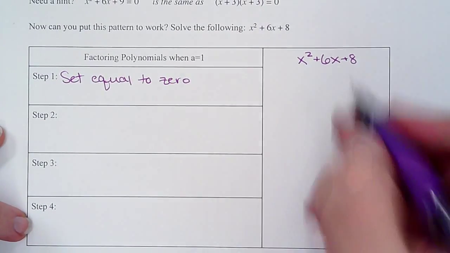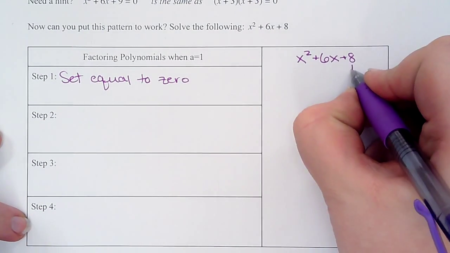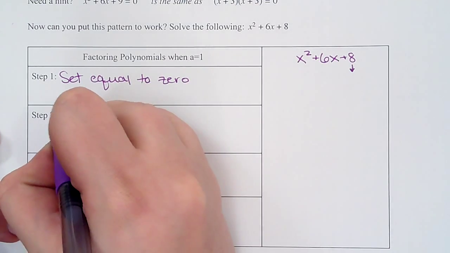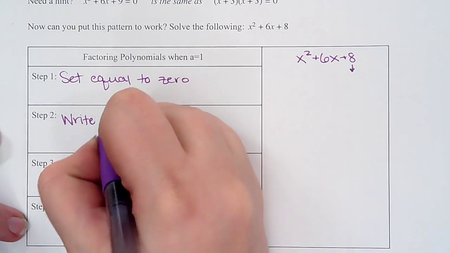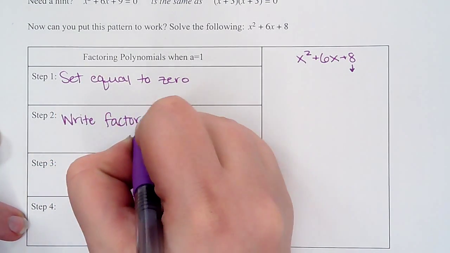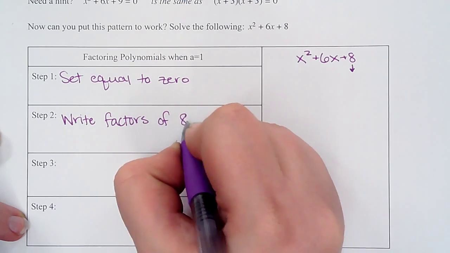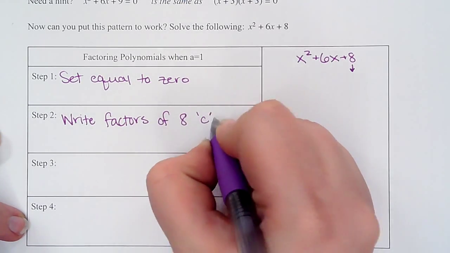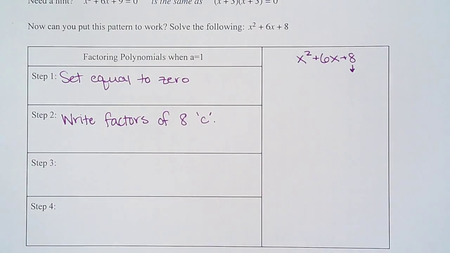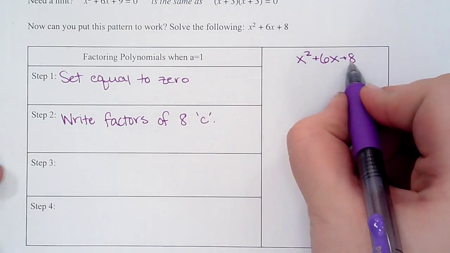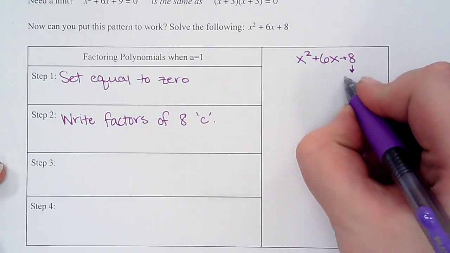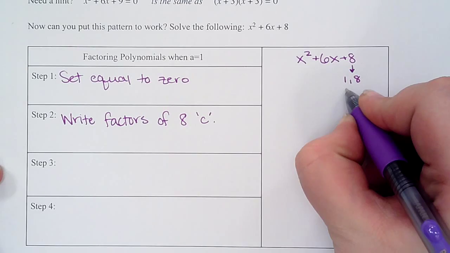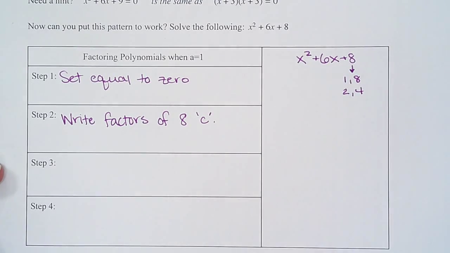My second step is to see what multiplies to 8. So write the factors of 8, and you're going to want to write all of the factors out. Write the factors of 8, or of your C term, which is always the term that has no variable attached. So my factors of 8 are 1 and 8 and 2 and 4.